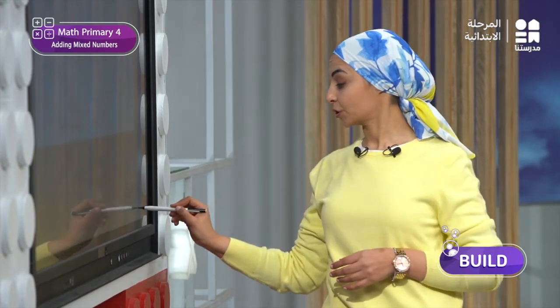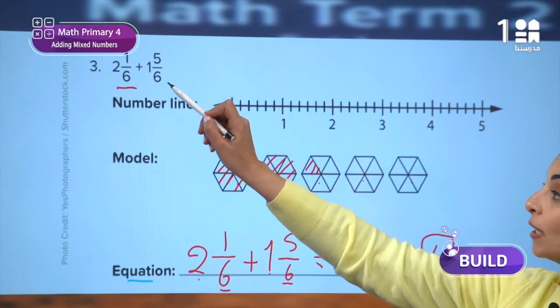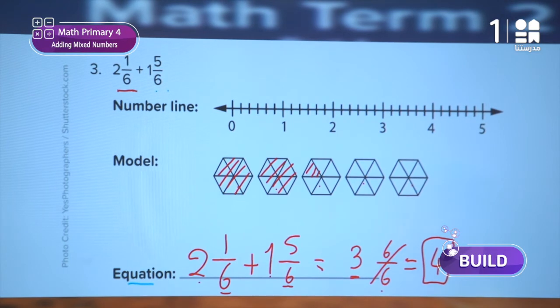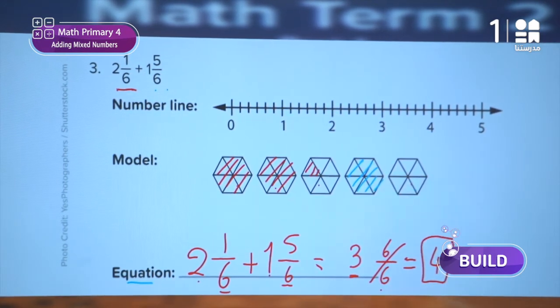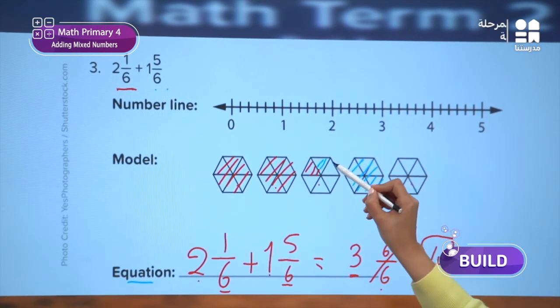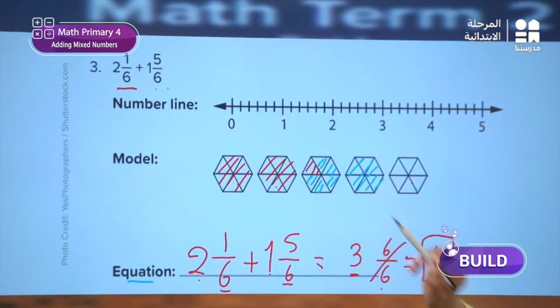The second number I will color in a different color, which is blue. Okay? I will color 1 whole and 5 over 6. So I will color 1 whole like this and 5 parts out of 6. Let's count all together: 1, 2, 3, 4, and 5 parts out of 6.